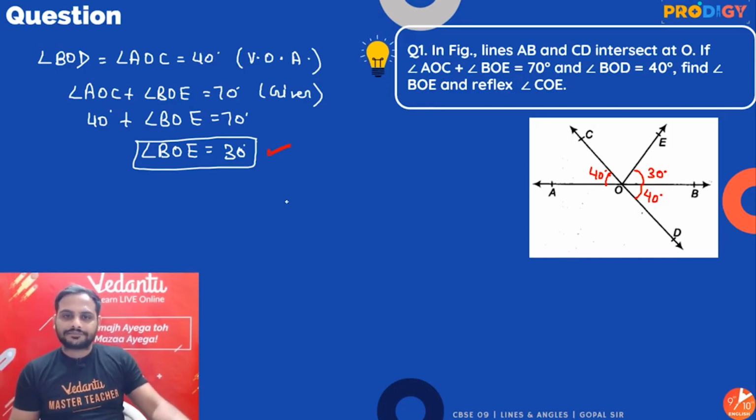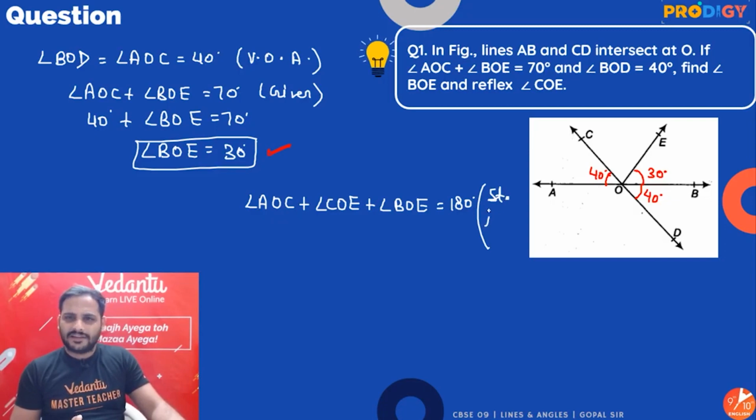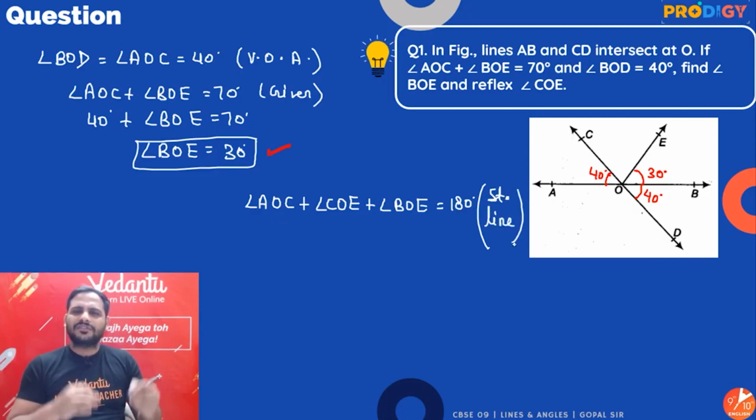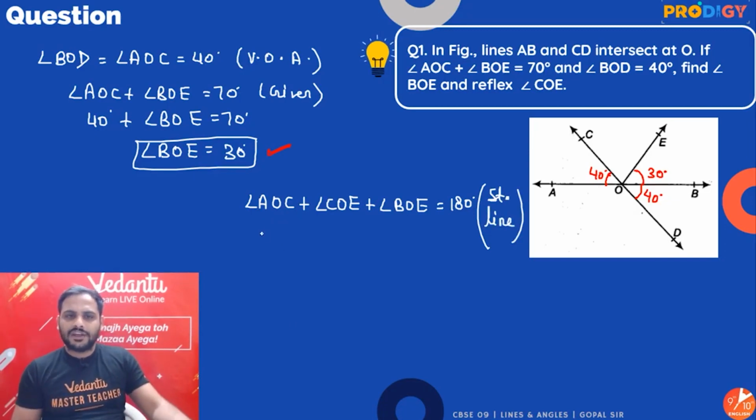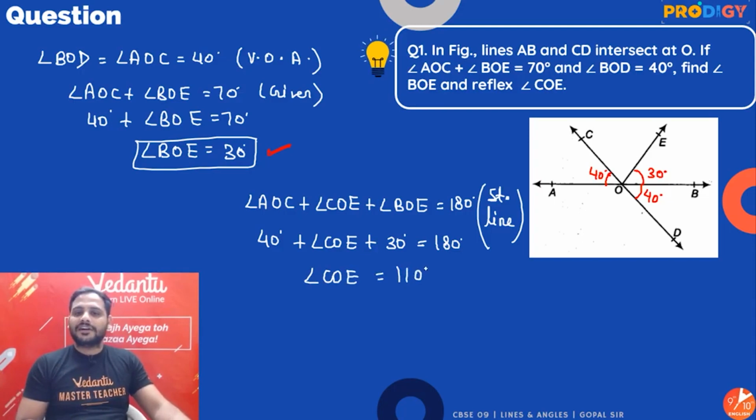So I can say, sir, angle AOC plus angle COE plus angle BOE is equal to 180 degree, because they are forming a straight angle, or we can say straight line, because AC is a straight line or straight angle, anything you can write. So AOC is 40, COE I don't know, BOE is 30, is equal to 180. So I can say angle COE is 180 minus 70 is 110.